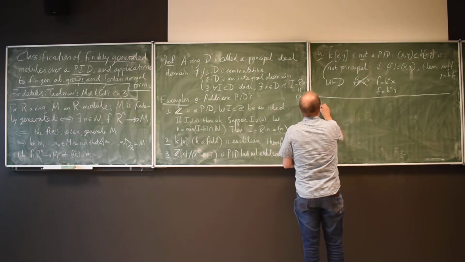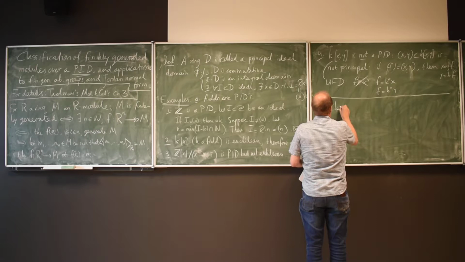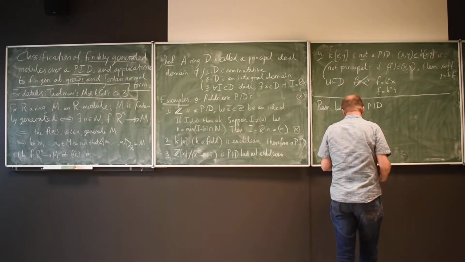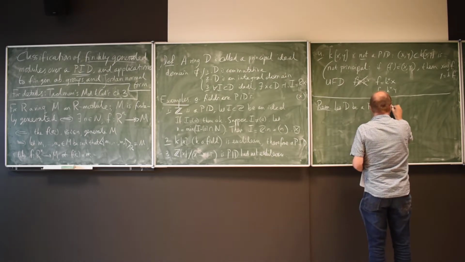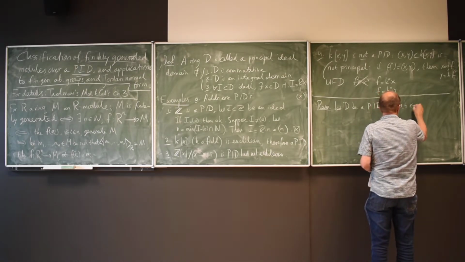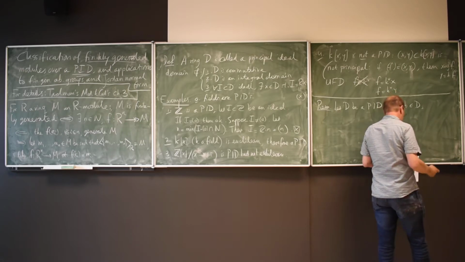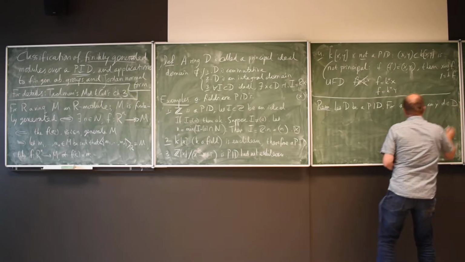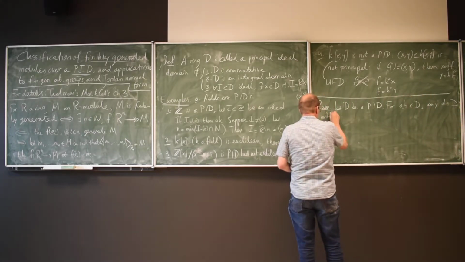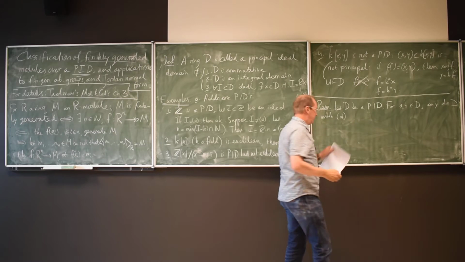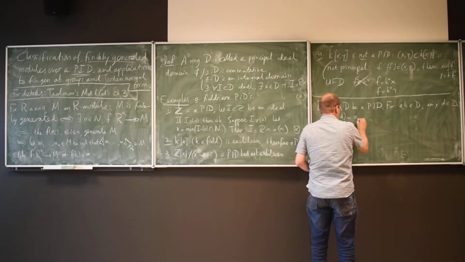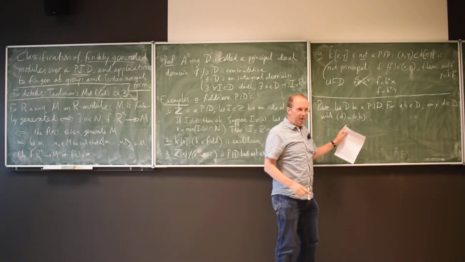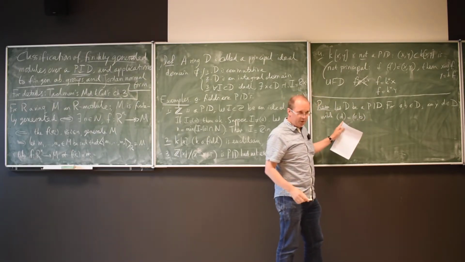So remark, let D be a PID, principal ideal domain, for A and B in D. Any d in D so that the ideal that it generates is the ideal generated by A and B. And of course, for every A and B, such d do exist because every ideal is principal.